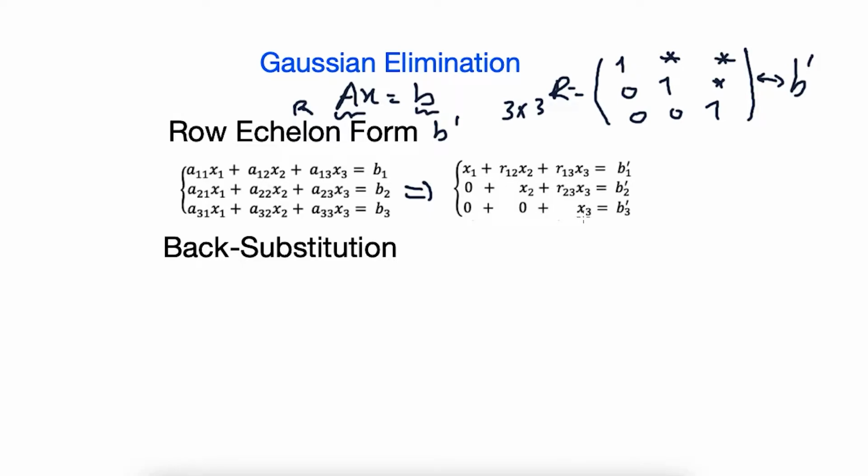For example, we get x3, since b prime 1, b prime 2 and b prime 3 are some constants. Once we get x3, we replace it here to get x2, and once we get x2 and x3, we replace them here to get x1. We will see this in the example, and how to get the row echelon form of a matrix.